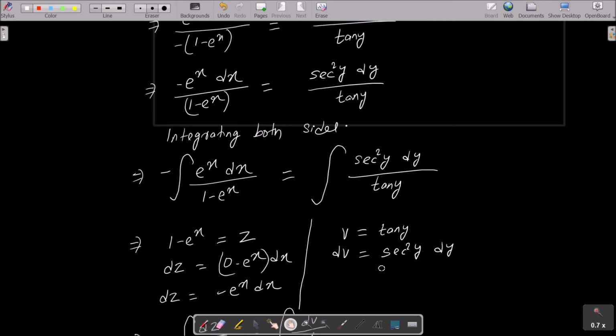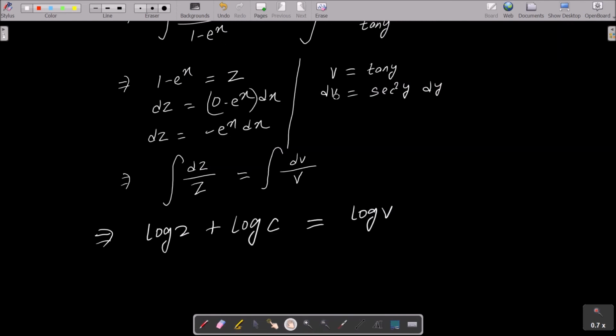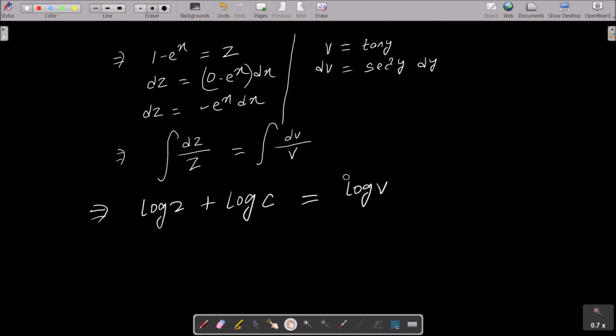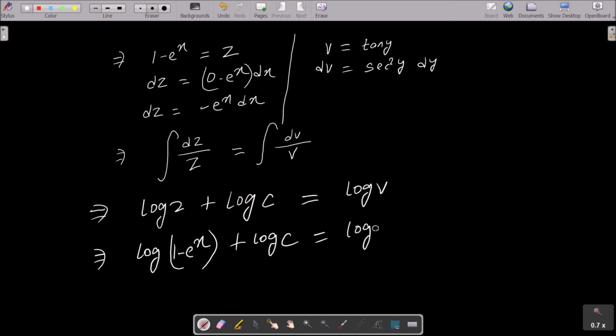So z equals 1 − e^x, so we can write log of (1 − e^x), and log c, which is the constant, and then v is tan y.